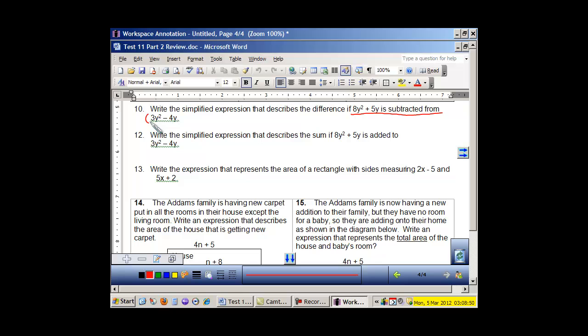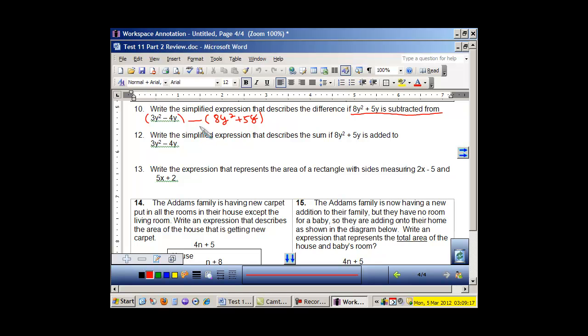So I have this term, and I'm going to put this behind it because it is subtracted from this. So that is subtracted from all of this, 8y squared plus 5y. Well, when you subtract, when you have a negative here, we have to distribute.